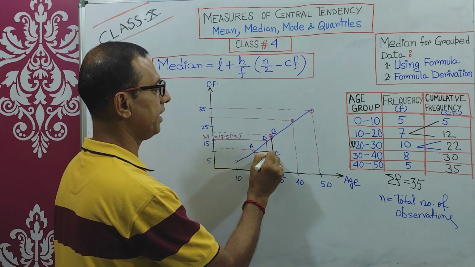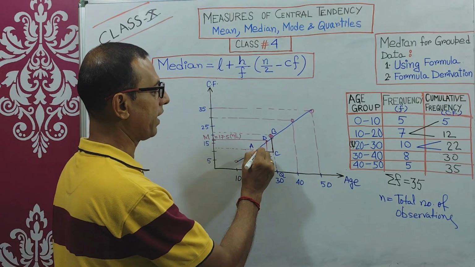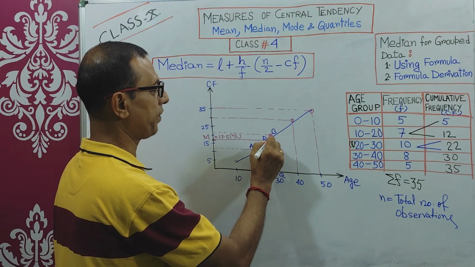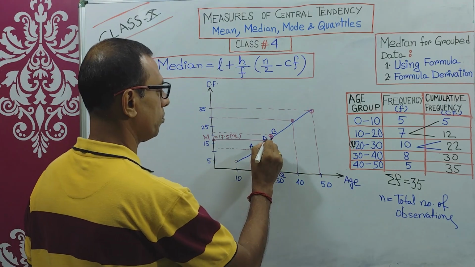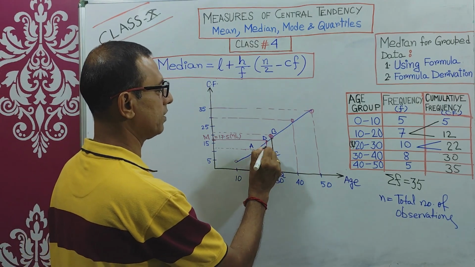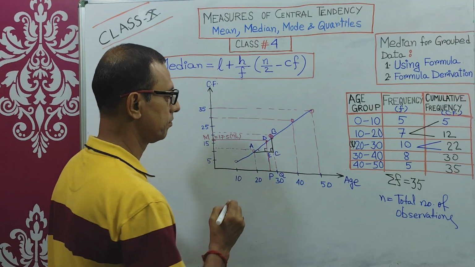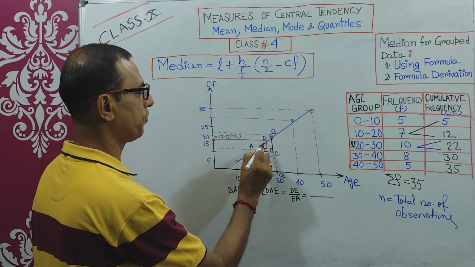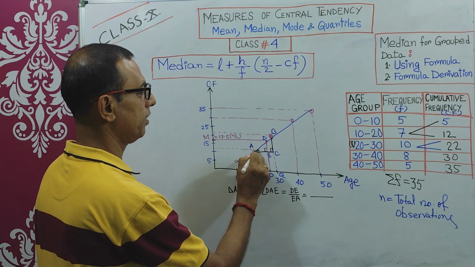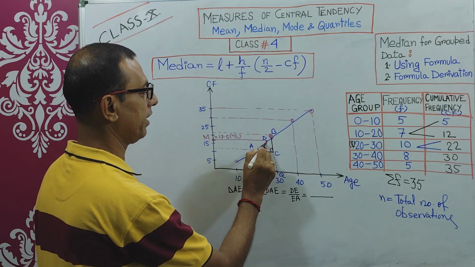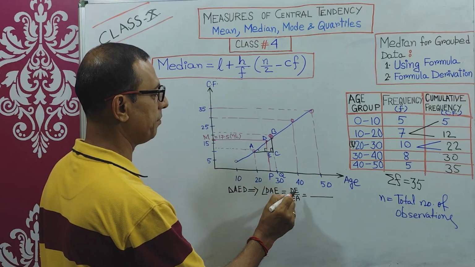Now consider these two triangles, DAE and BAC. In both cases angle A is equal. Find DAE, then find BAC, and make them equal. Both of these triangles are right-angled. For triangle AED, E is the right angle, so DE is the perpendicular, AD is the hypotenuse, and the ratio is perpendicular by base, DE by EA.